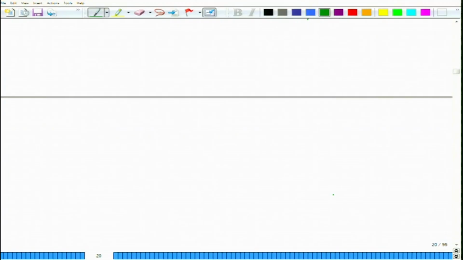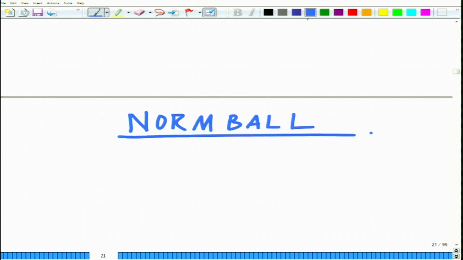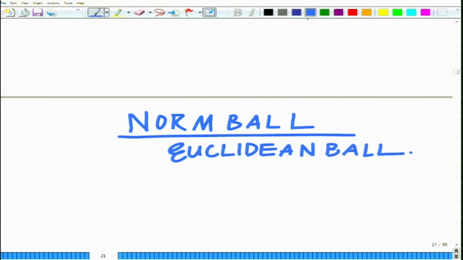The next type of convex set we want to look at is that of a norm ball, or basically a Euclidean ball.